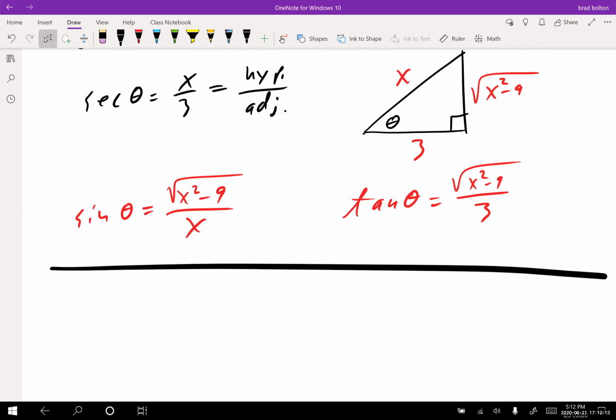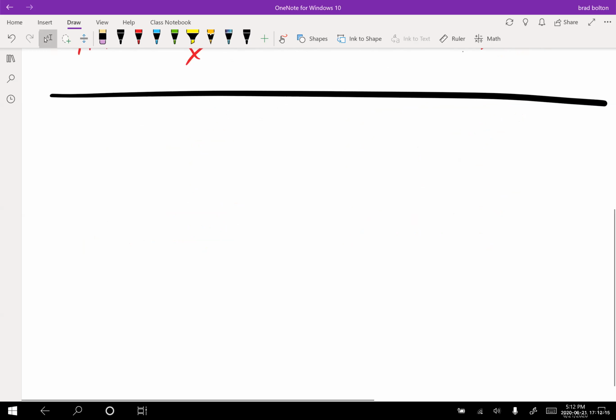So let's go over here. Let's look at this particular problem. Later on, in section 8.5 or 7.5 or 7.6, depending on the book you're using, we're going to talk about how you decide when to use trig sub.